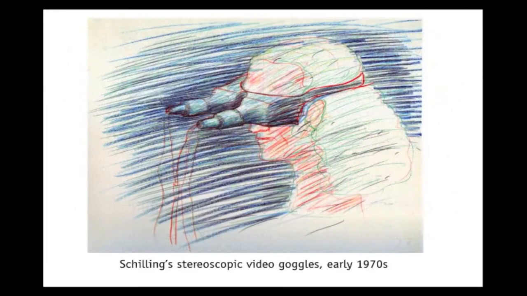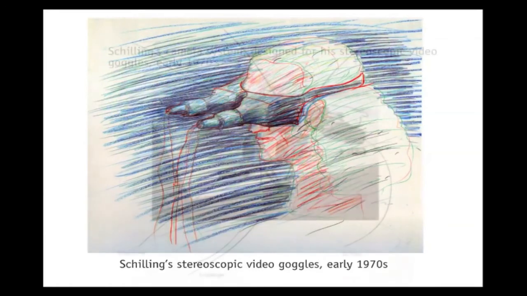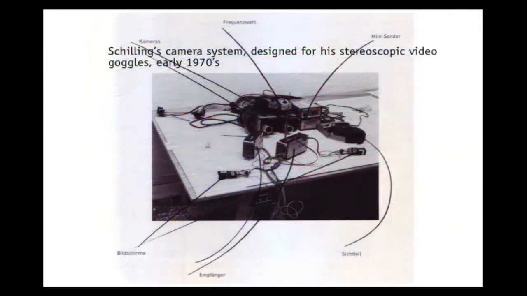And he also was one of the first people, as an artist, to start experimenting with special stereoscopic goggles, where you would combine these systems with a pair of video cameras, and you would actually be experimenting with the angles of the video cameras and then experiencing the view through that, a kind of media prosthesis.